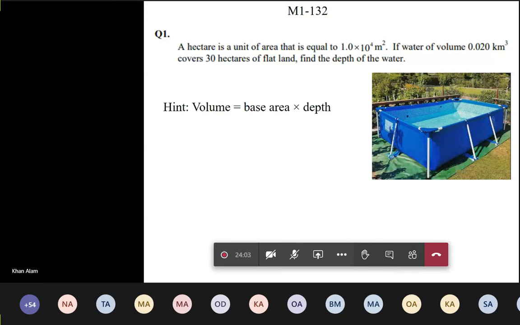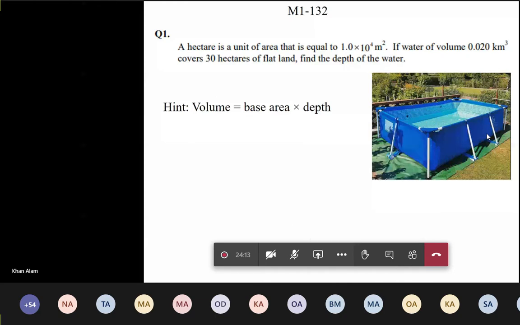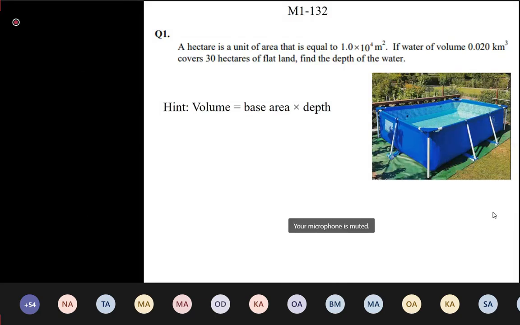Okay. There is another question related to what we did, and it occurred in Major 1 exam, term 132. A hectare is a unit of area that is equal to 1 times 10 to the power 4 meters square. If water of volume 0.02 kilometer cube covers 30 hectares of flat land, find the depth of the water.